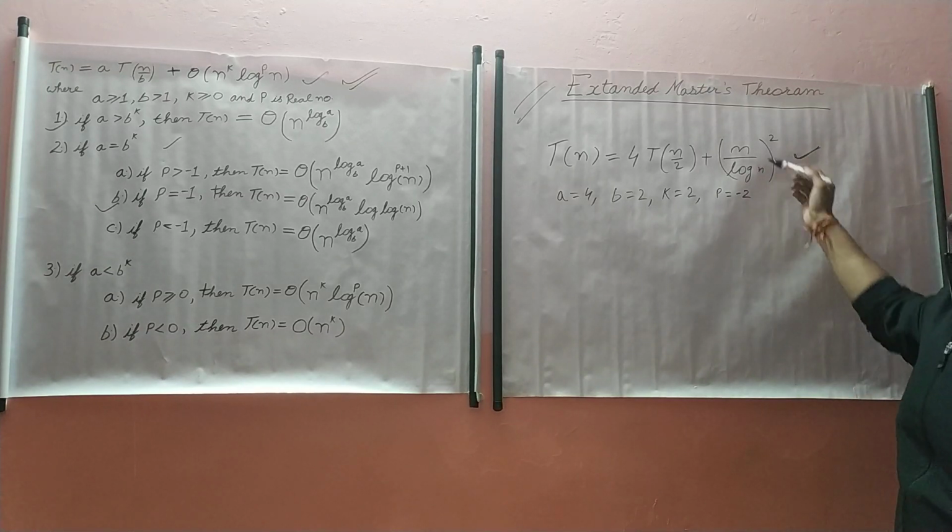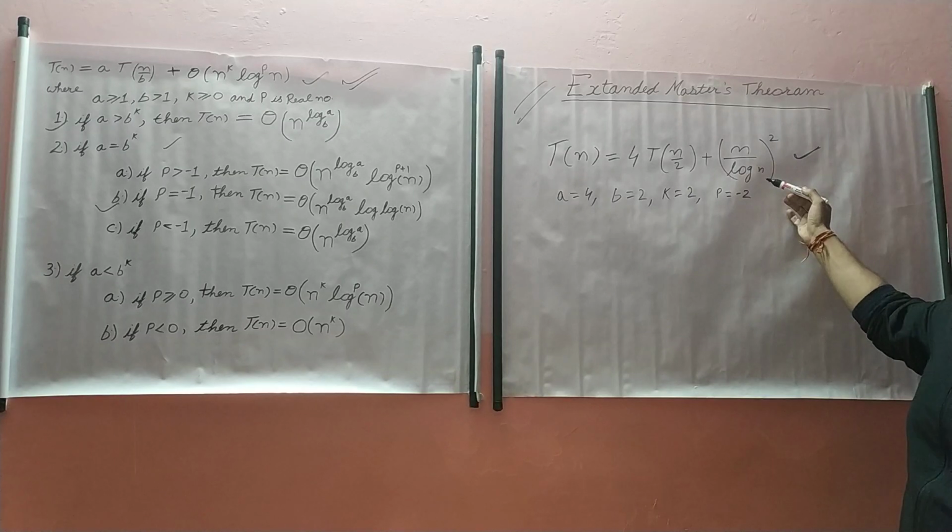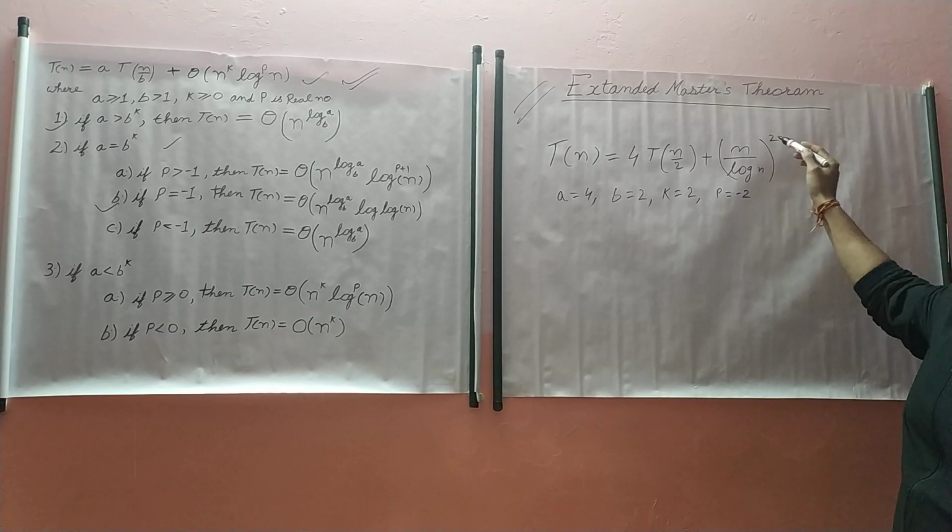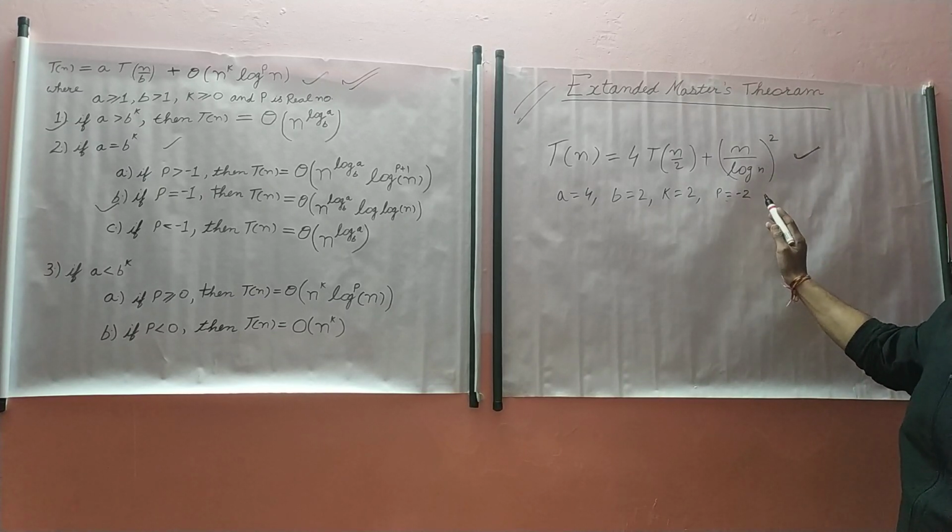Because n is divided by log n, so the power of log n should be minus 1, and the whole power is 2, so minus 2.